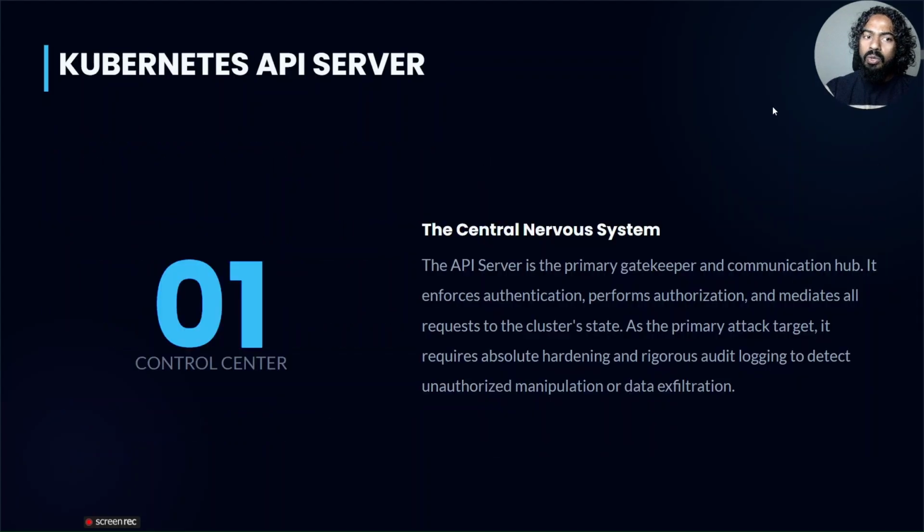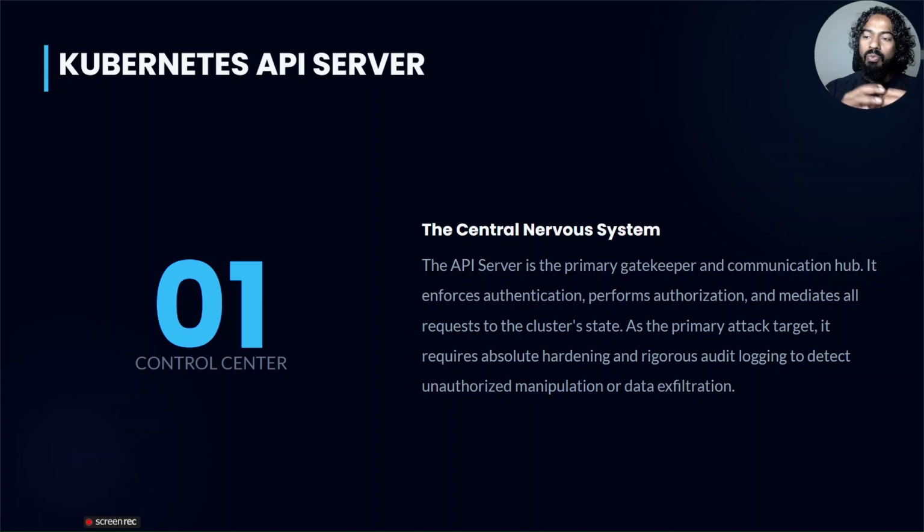Then moving on to your Kubernetes API server. As we already mentioned, this becomes the most critical component in the entire cluster. Every create, update, delete, and even read goes through the API server itself. Imagine if an attacker gets strong access in this layer, the cluster is completely owned by them.